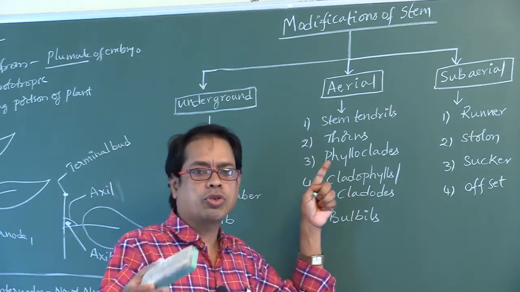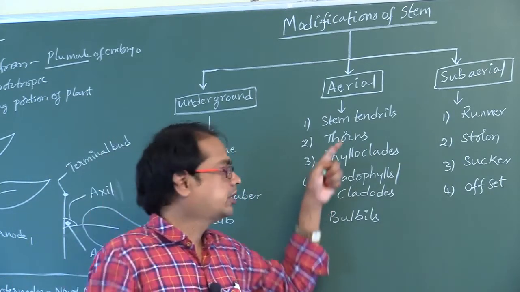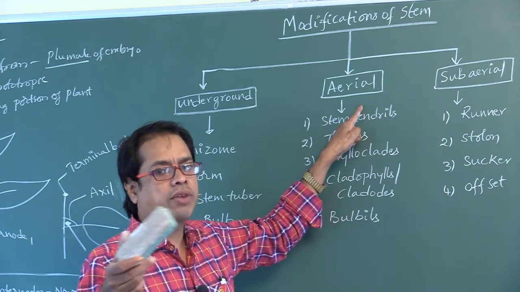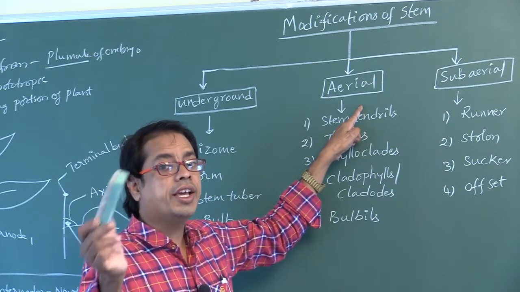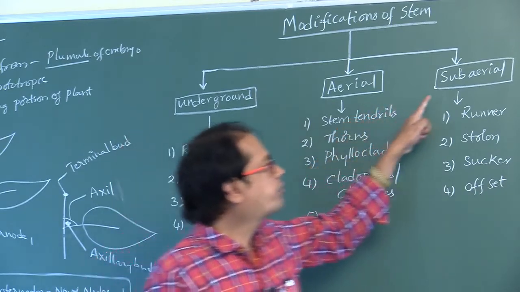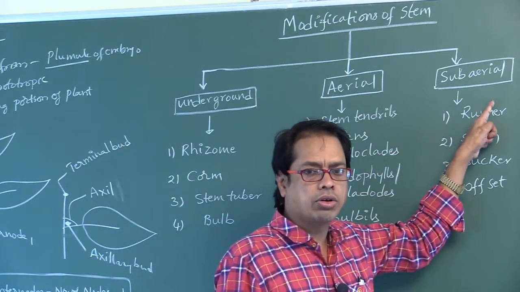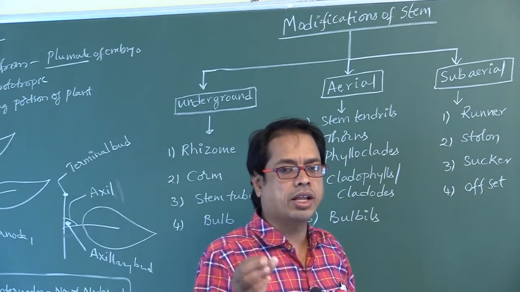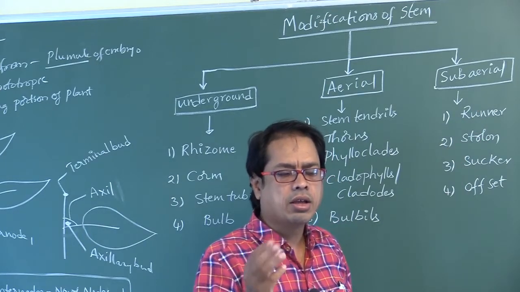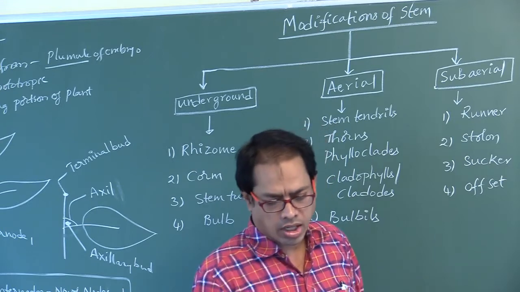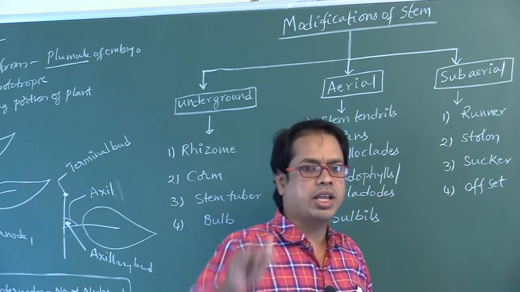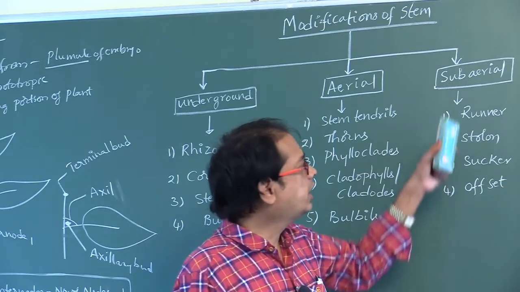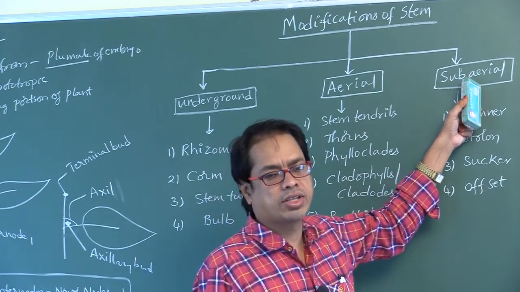If the stem grows above the soil, it is called an aerial stem, and those modifications are called aerial stem modifications. If part of the stem is underground and some part is aerial, that is called subaerial. Those are subaerial stem modifications.